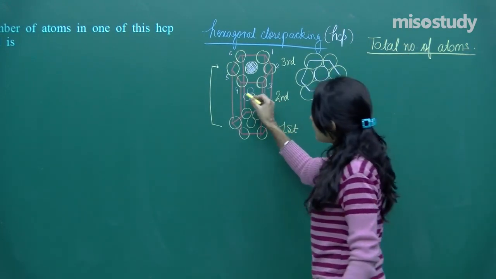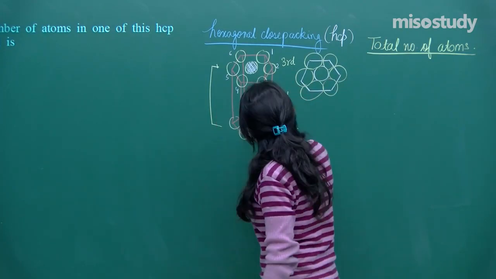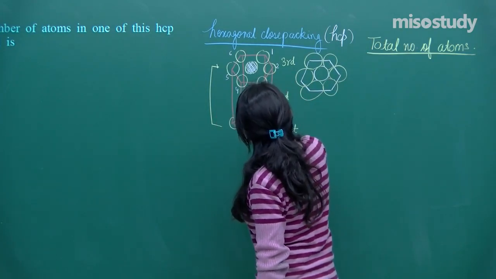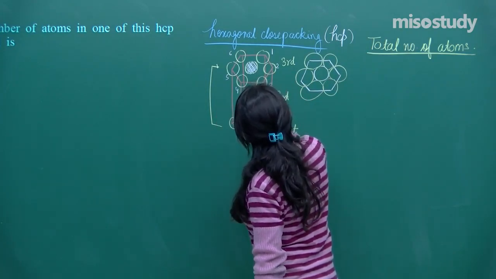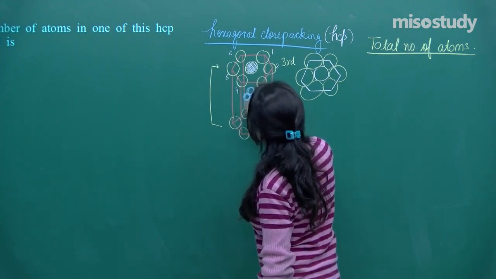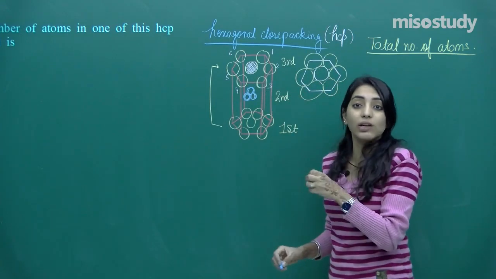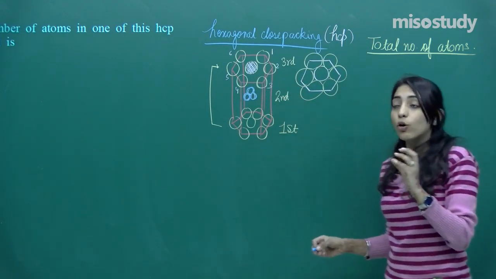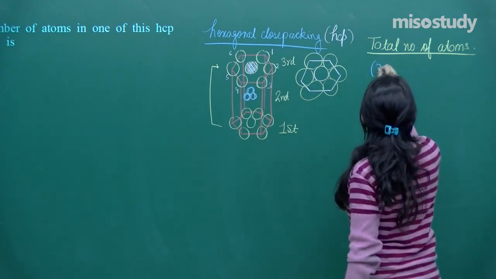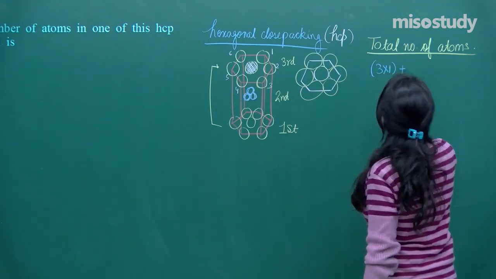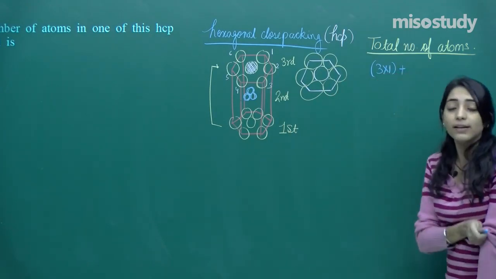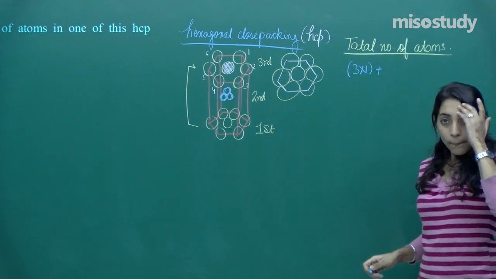See, these 3 atoms, can you look at these 3 atoms? I am coloring them in blue color. 1, 2, 3. So these 3 atoms are simply present within the crystal structure. That means as a whole, their contribution will be 1 each, so 3 atoms are present inside the structure. Okay.